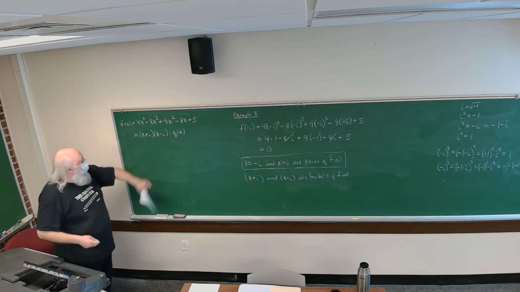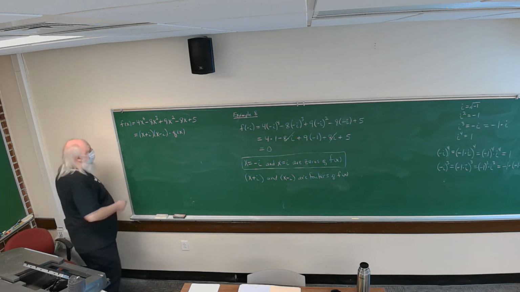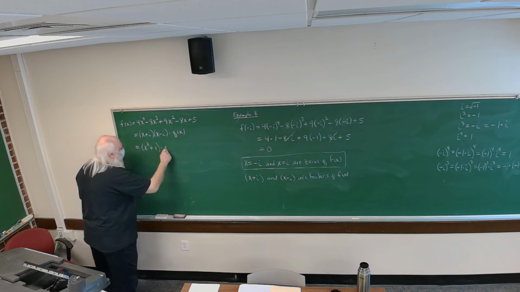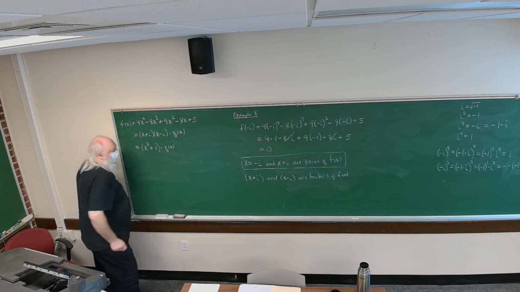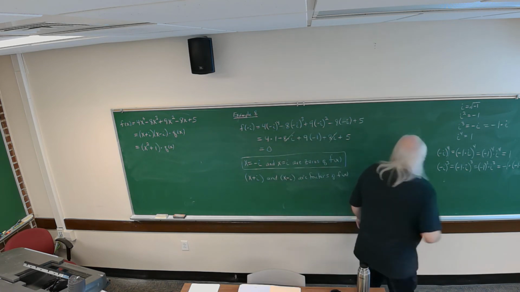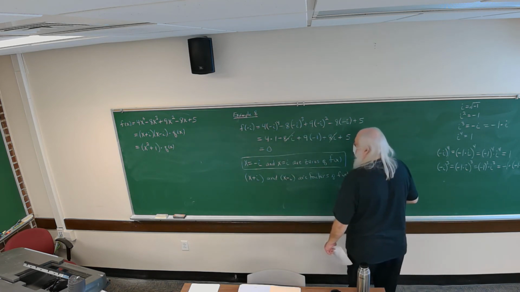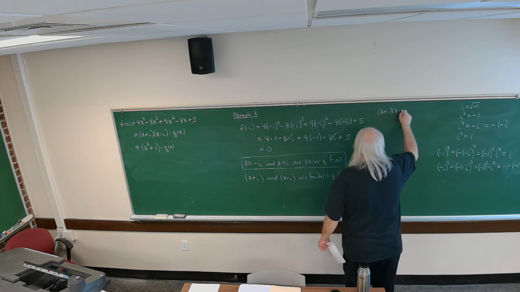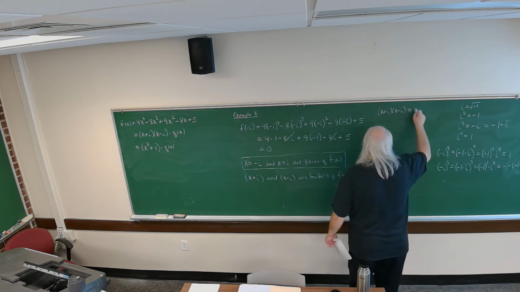Well, when you FOIL x plus I times x minus I, you end up with x squared plus 1. X plus I times x minus I is the difference of squares.